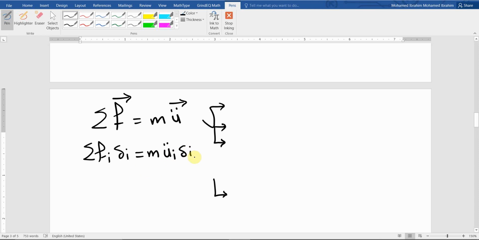It means that in case i is x, we're going to have here delta x, and we're going to have delta x. It means we're going to have one equation that states that the sum of forces along x, delta x, should equal the mu x double dot delta x. And this is what we already used in the dynamics class, for example.